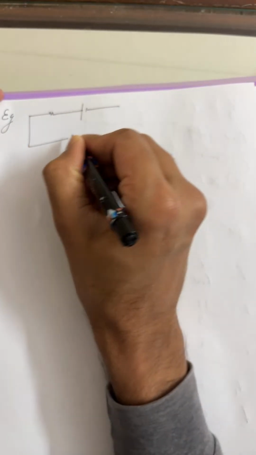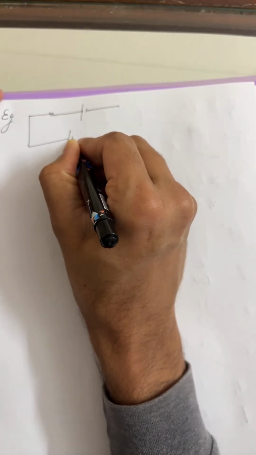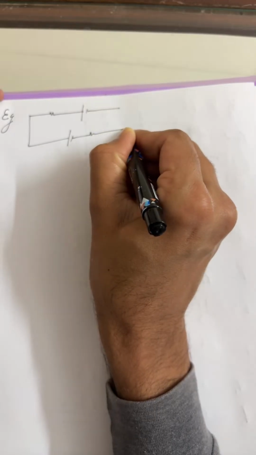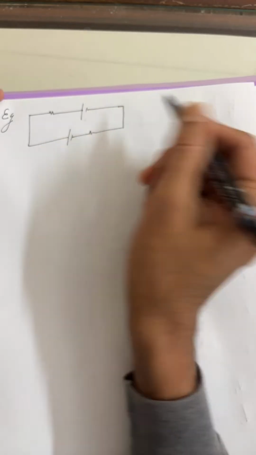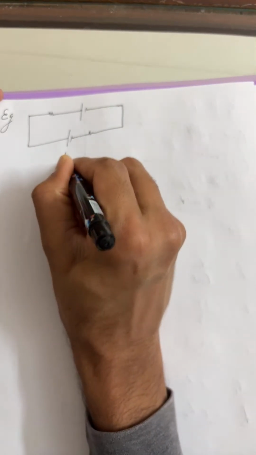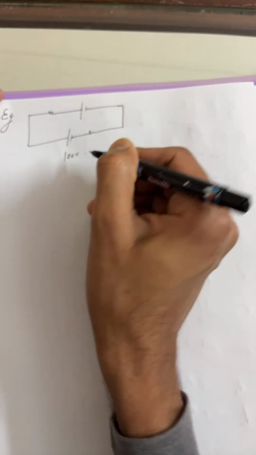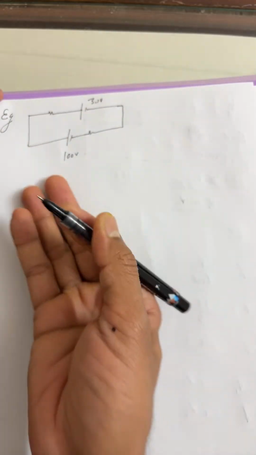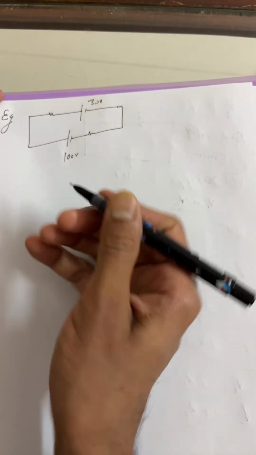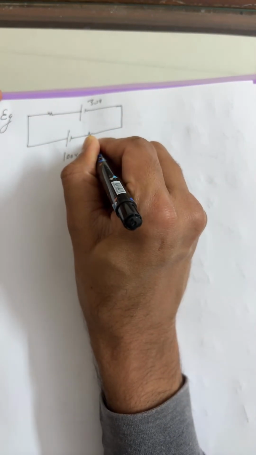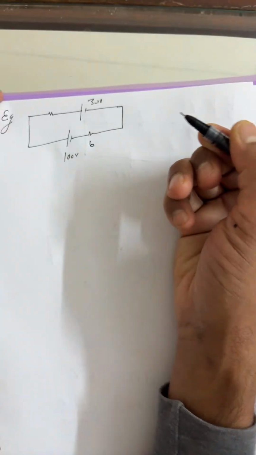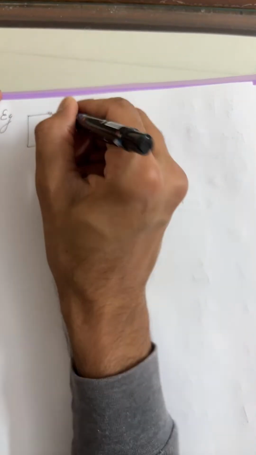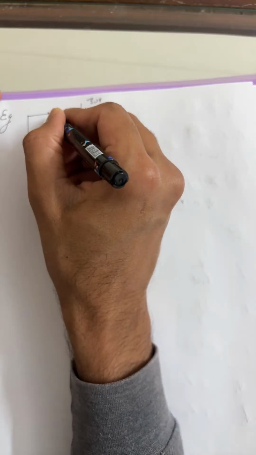Then I'll take 100 volt, beta, not ohm, and this is 30 volt. This is, I can say, 6, and this is 8.